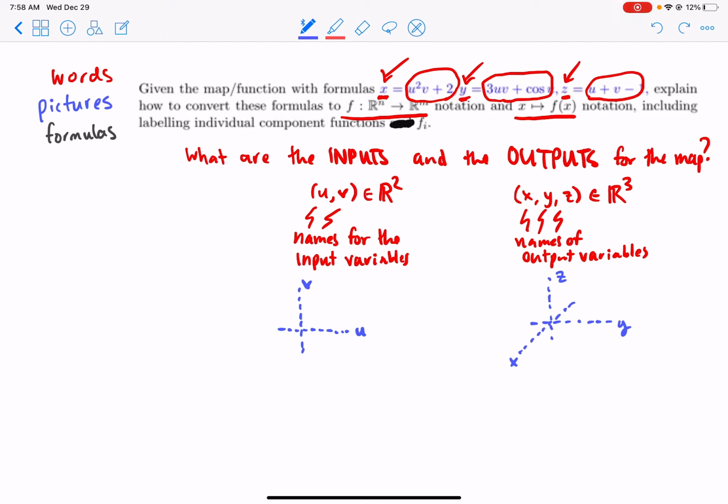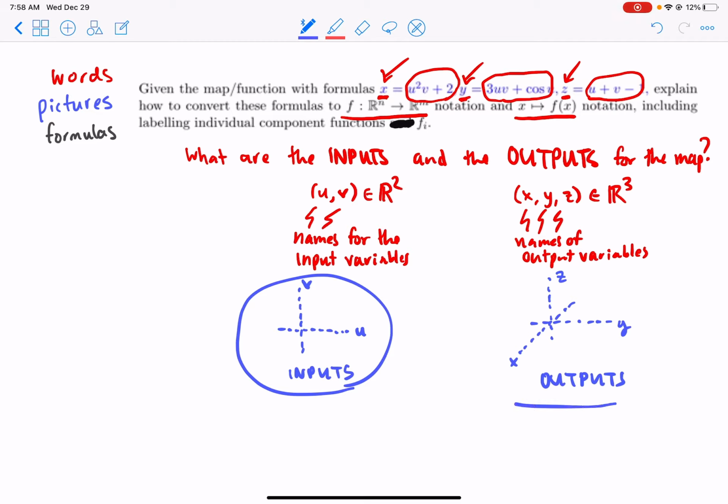Okay, and so just to illustrate this, this is the input space. This is the output space. And so what happens here is we're mapping two-dimensional space into three-dimensional space. So the image of this map will be very thin.